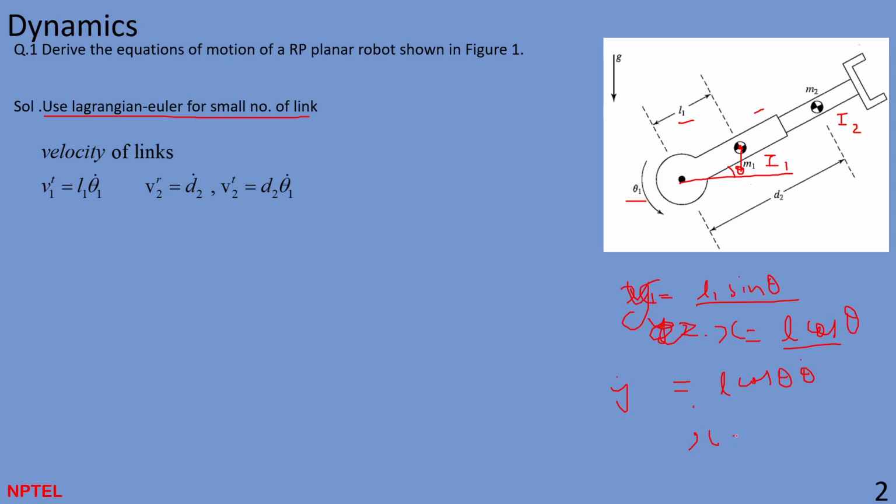Similarly, you will get the same thing, and when you find the velocity, it is x dot square plus y dot square. When you do that, you will get something like L1 theta 1 dot. This is what you will get for link one, and this is about link one.